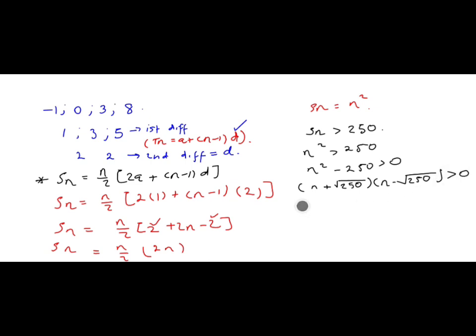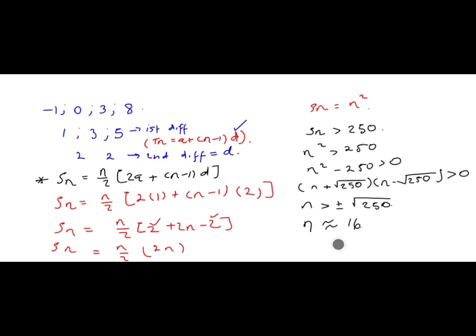So basically n will be greater than plus or minus the square root of 250, but of course we are going to look for the positive one, because the negative one cannot represent a position. So if we round it off, that will be approximately 15.8, which can be rounded off to the nearest digit to be 16.